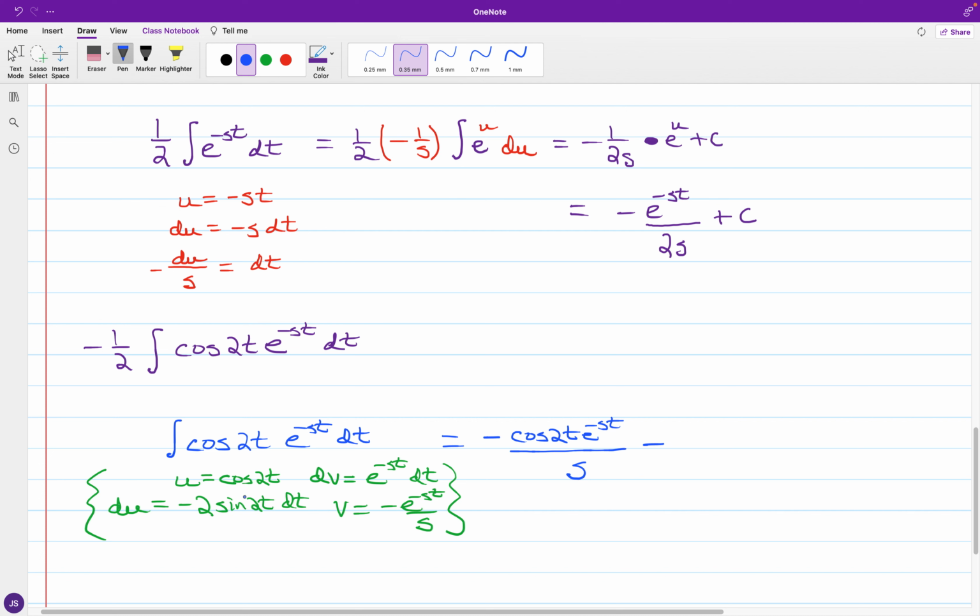A negative times a negative is a positive, so we have the sine of 2t times e to the negative st dt.